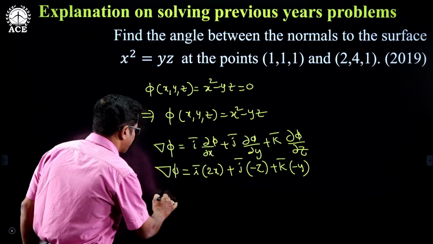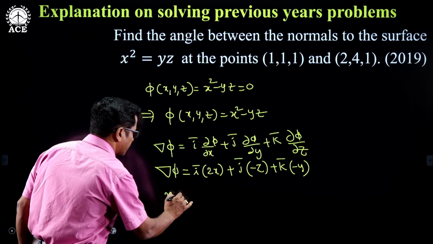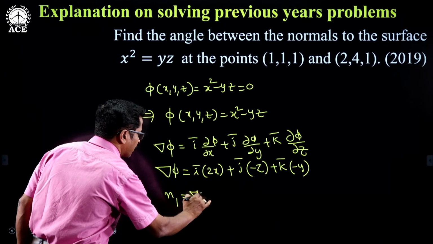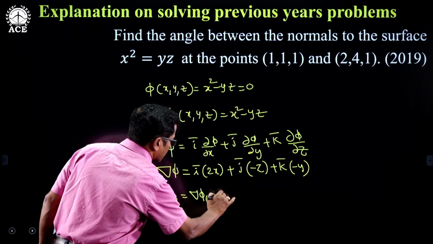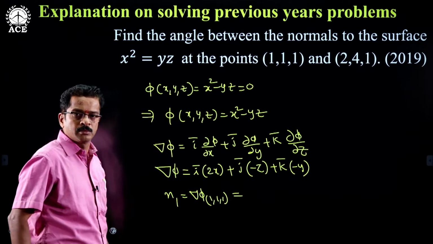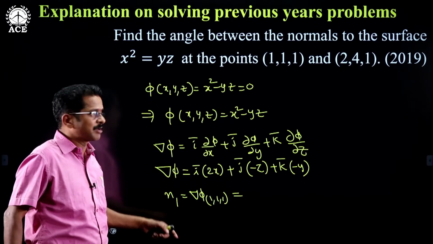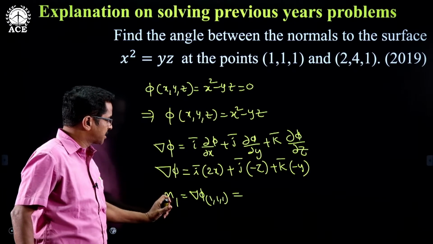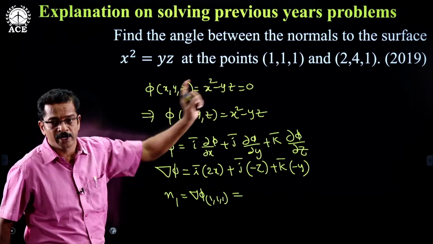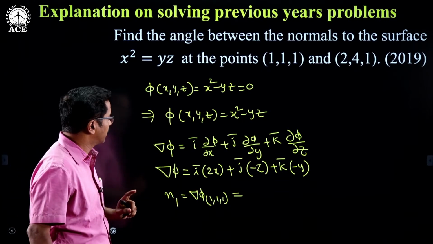Now I am evaluating n1, that is del phi at the point 1 1 1. N1 means the first normal vector to the given function at the point 1 1 1.